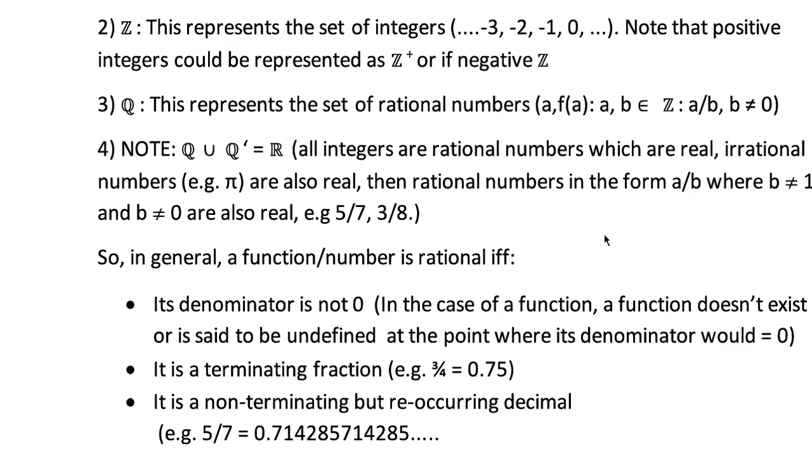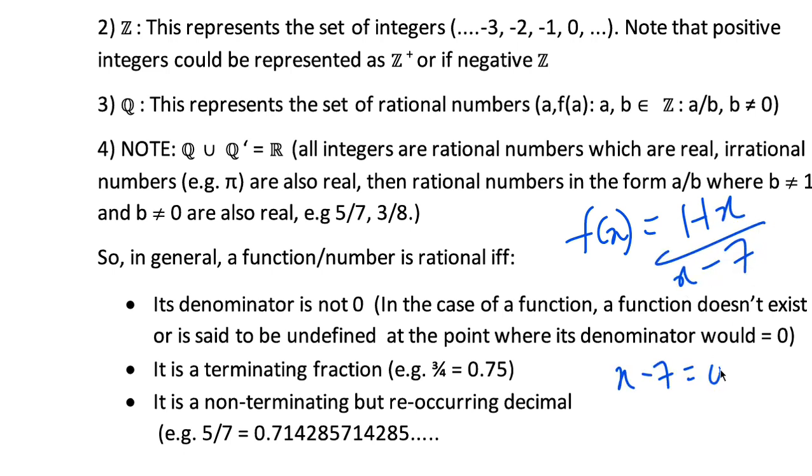For example, if we have f of x equal to (1 plus x) over (x minus 7), the function does not exist if we have x minus 7 equal to 0. You take the negative 7 on the left to the right-hand side and it becomes positive 7. So at x equal to 7, the denominator will be 0, and at that point the function is not defined. And then if you have a number, the denominator too cannot be equal to what? 0.